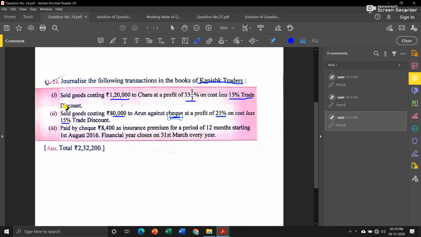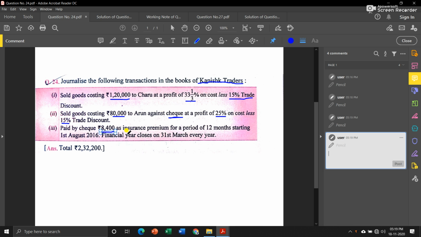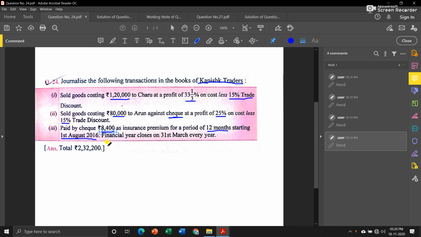Then the last transaction is paid by check rupees 8,400 as insurance premium for a period of 12 months. Now this 8,400 that we paid for insurance premium is for 12 months, that is 1 year, and this year started from 1st August 2016. Another piece of information from this transaction is that our financial year closes on 31st March of every year.